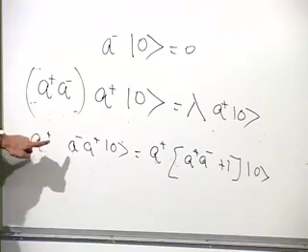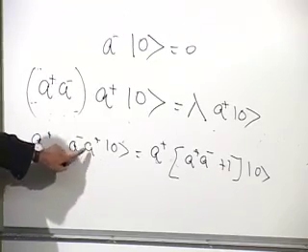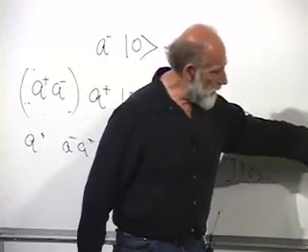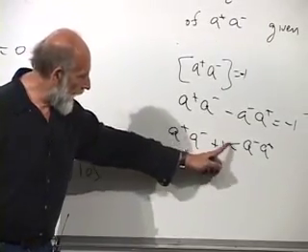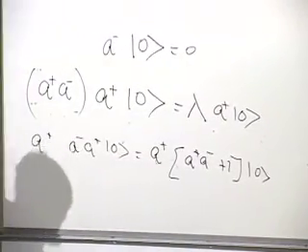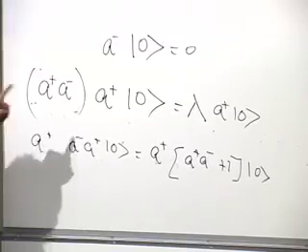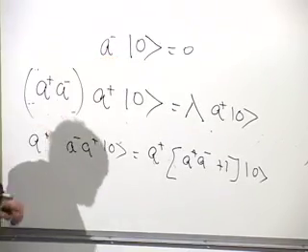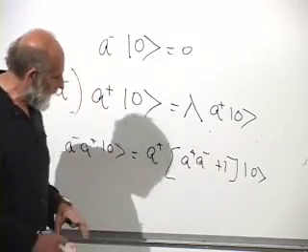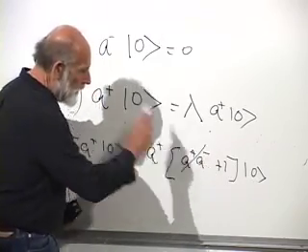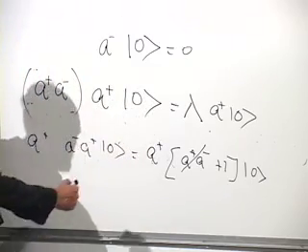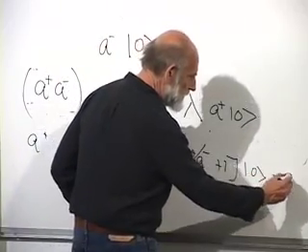All I've done is use the commutation relation to invert the order of these two and then add in the extra 1 that's necessary. Now, A minus on 0 gives 0, so this can be ignored. And what do we get? We just get A plus on 0.